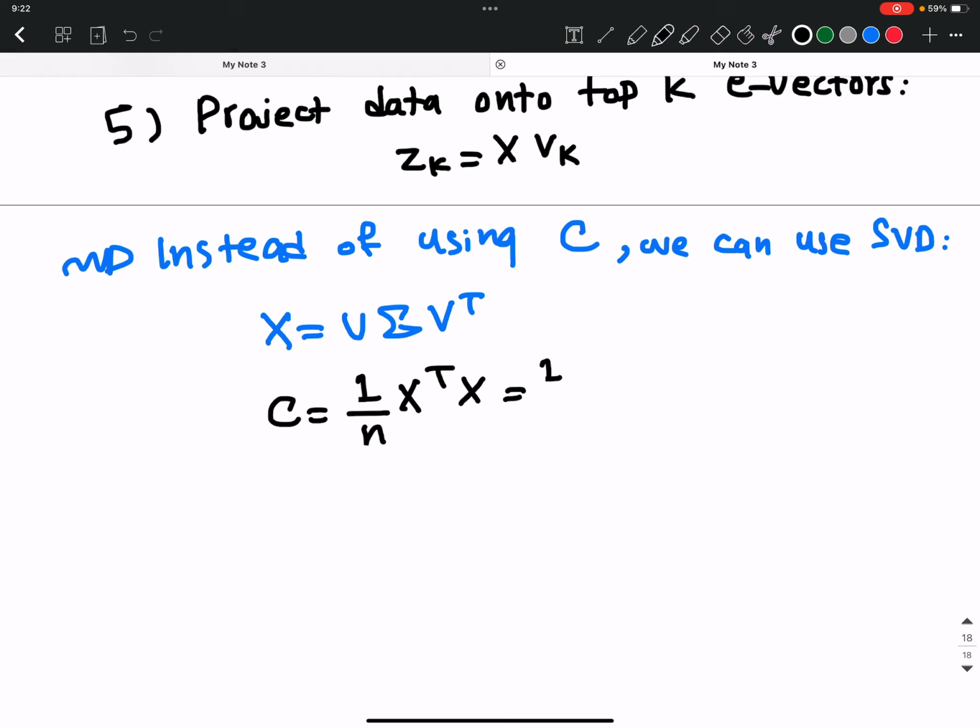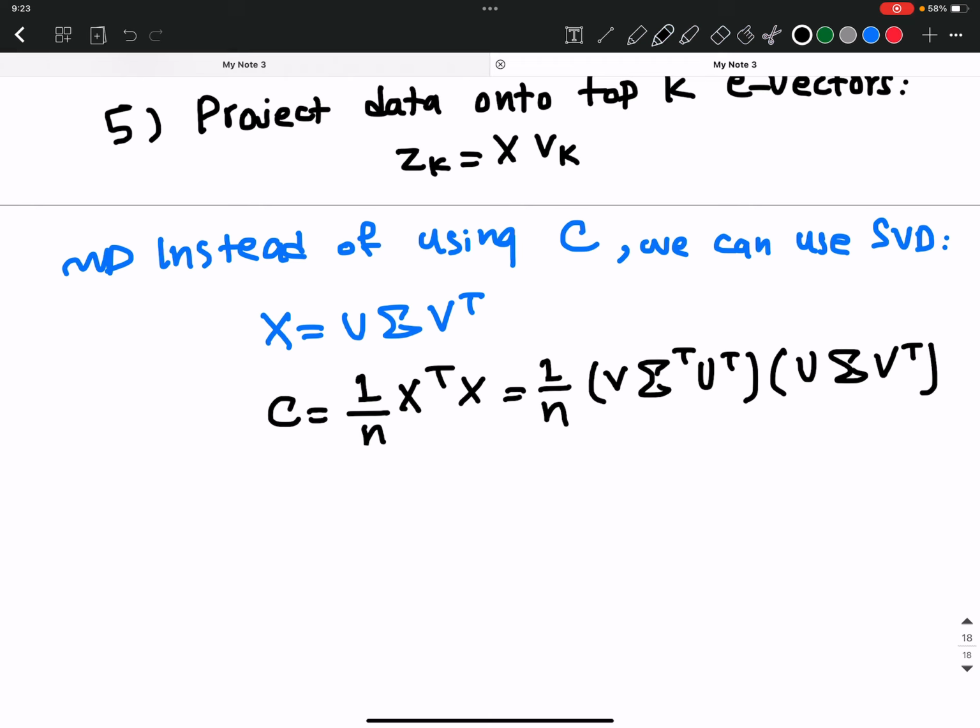What I will get is 1 over n, X transpose would be V sigma transpose, U transpose, based on those properties of transpose. Then I have U, my original X, which would be sigma V transpose.